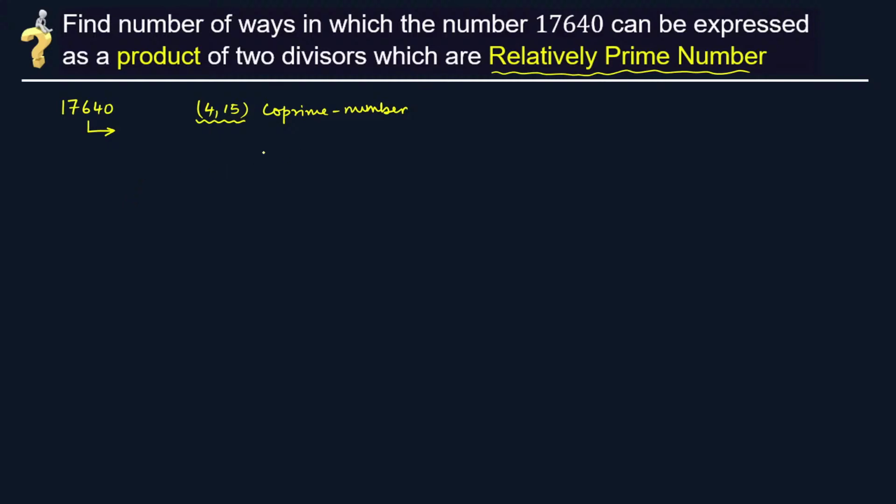Let me take our old example, which is 60. Now, 60 can be written as 2 squared into 3 into 5. Again, let me draw 3 sets.